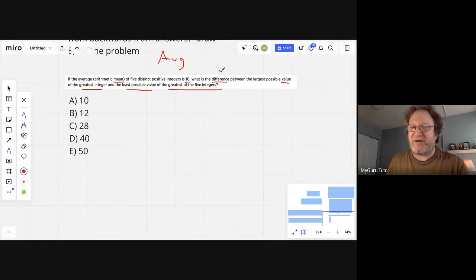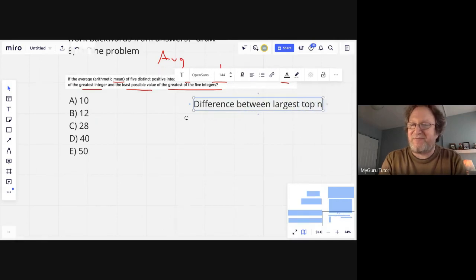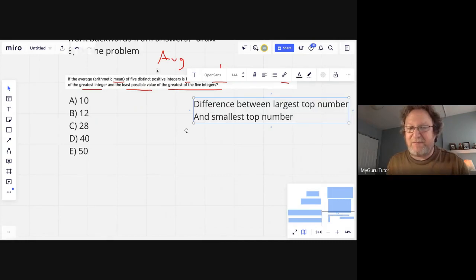That's key. Between the largest possible value of the greatest integer, the largest top number, and the smallest top number.